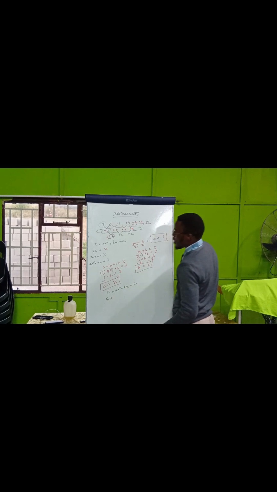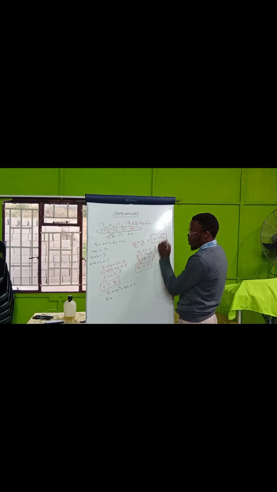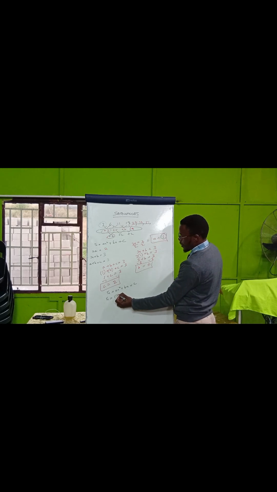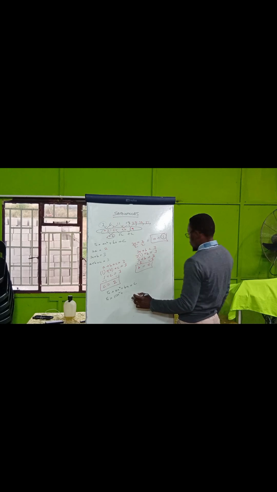Where there is a, we put 1, n squared. Where there is b, we put 0. And where there is c, we put 2.